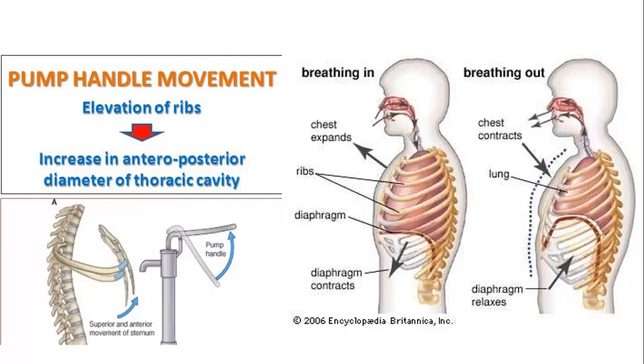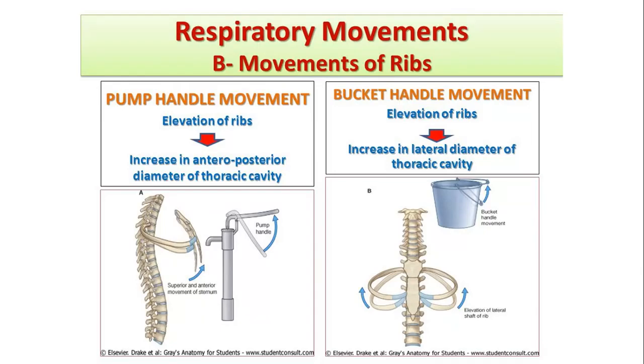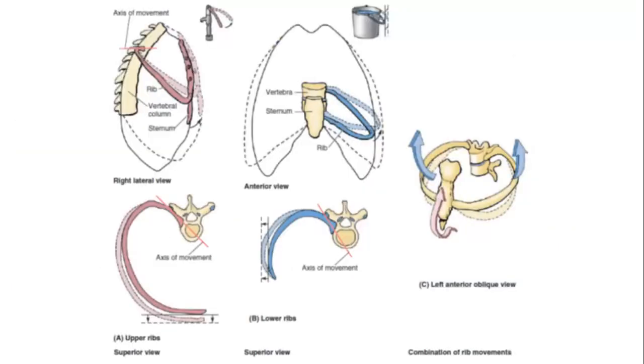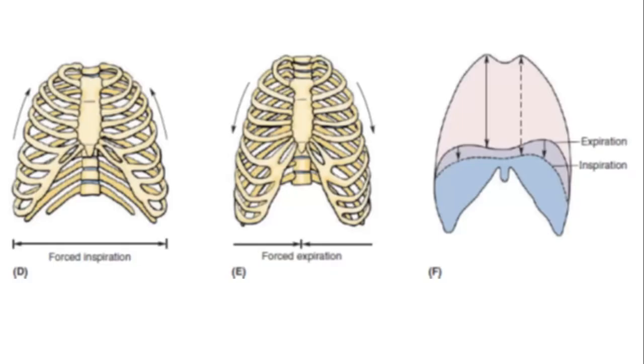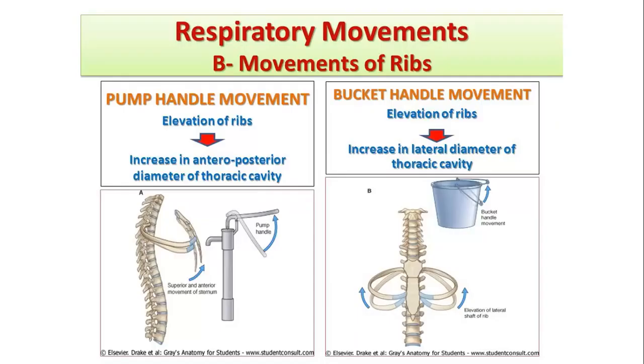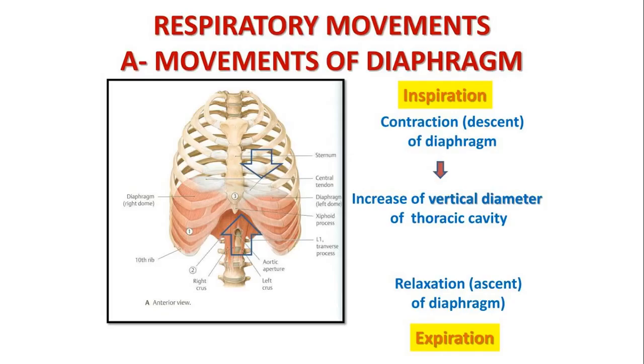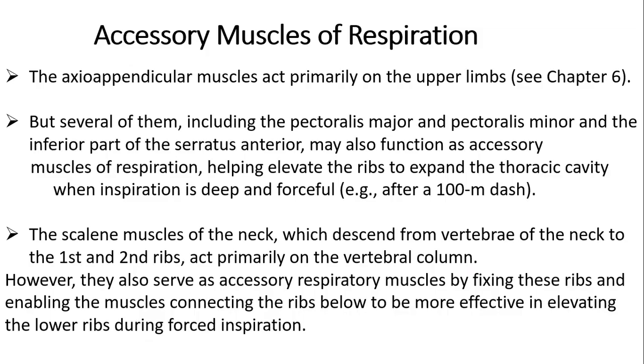Now we have understood the movement of the chest wall and the mechanism of that movement, why this is occurring, how many diameters are changing, and what is causing the changes in the diameters and pressure. Now come the muscles of respiration. There are accessory muscles of respiration, the axio-appendicular muscles, which are attached to the chest wall and the upper limb.